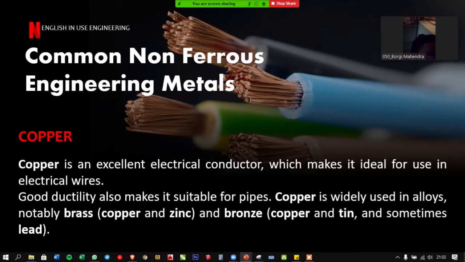Copper is an excellent electrical conductor, which makes it ideal for use in electrical wires. Good ductility also makes it suitable for pipes. Copper is widely used in alloys, notably brass, or copper and zinc, and bronze, or copper and tin and sometimes lead.